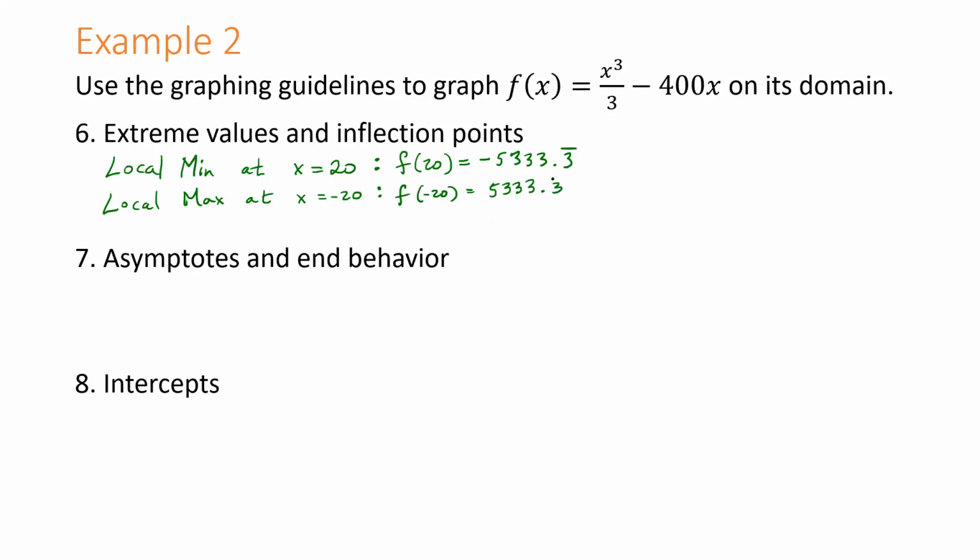So we can exploit the symmetry there and save myself the hassle of evaluating that. So those are the local max and local min values. And then we also have the inflection point at x equals 0. So let's get f of 0. In this case, it's just 0, so that one's easy. Okay, so we've got some important key points that we can include in our graph. We know those are the local min and local max points, and here's an inflection point.